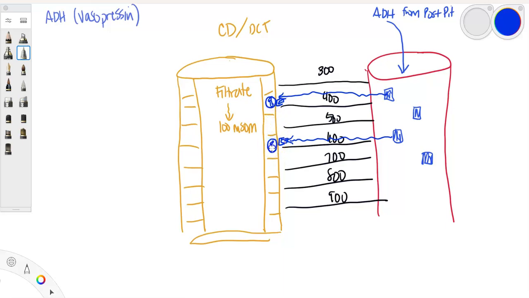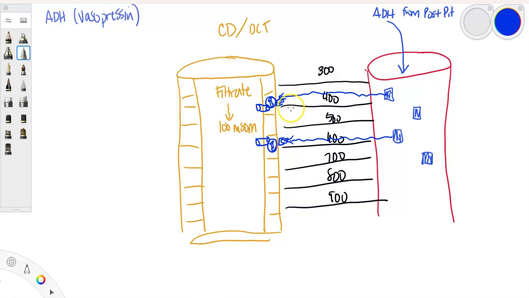I know it's hard to see this, but there. And what it does is it signals that cell to plant the aquaporins into the luminal membrane. Okay, remember an aquaporin is specific to water, allows water to go through.